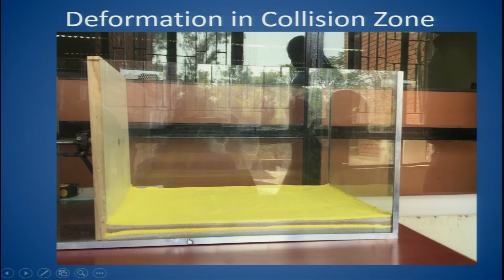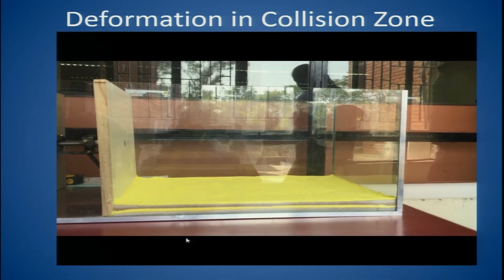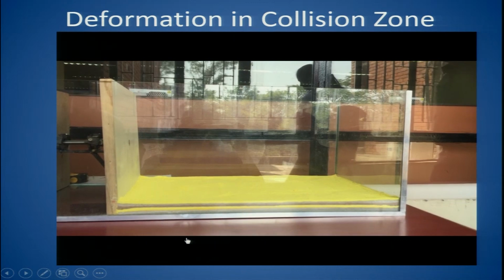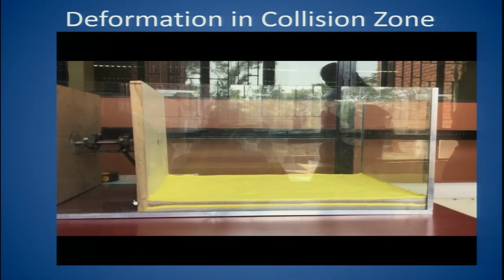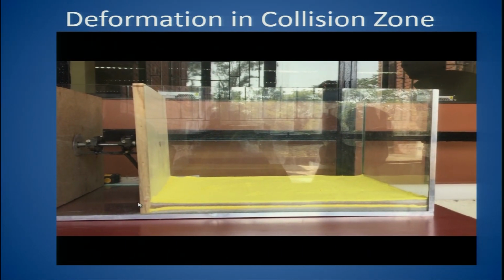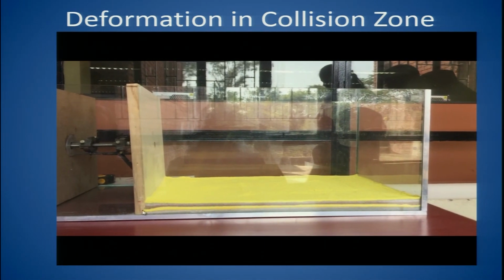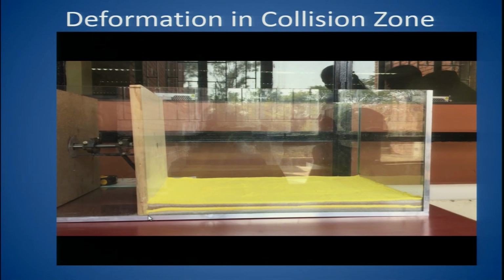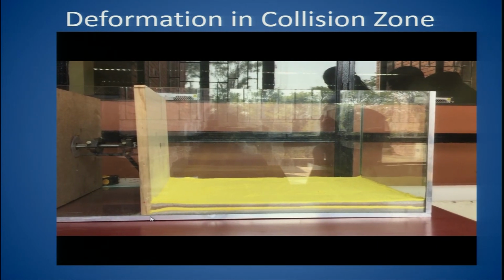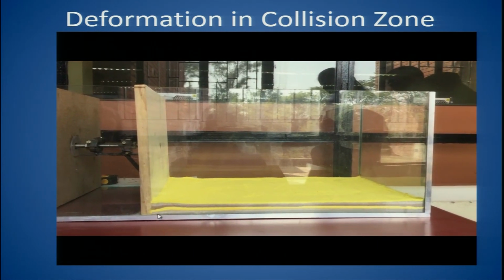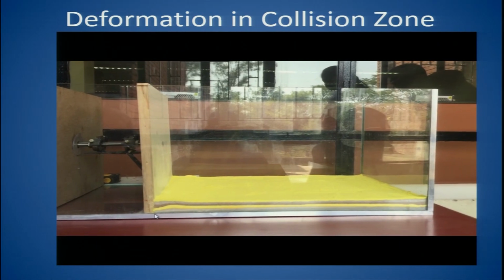If you watch this carefully, you will understand what exactly happens in the collision zone. Consider that this is the plate from the Eurasian side, and this is the Indo-Gangetic plain or Indian plate. What type of deformation will you see, and how will the folded range come up?